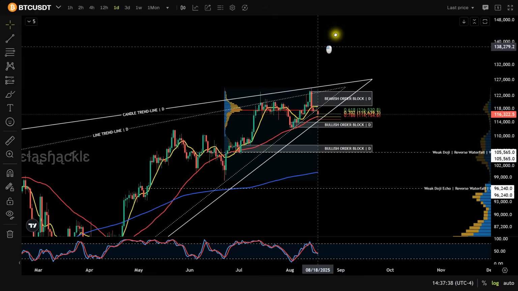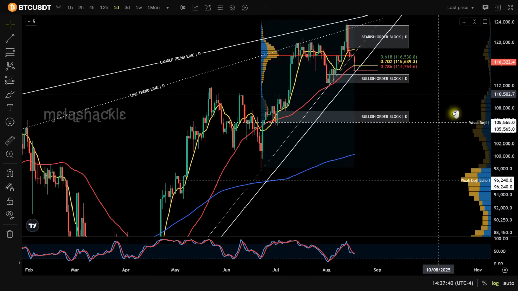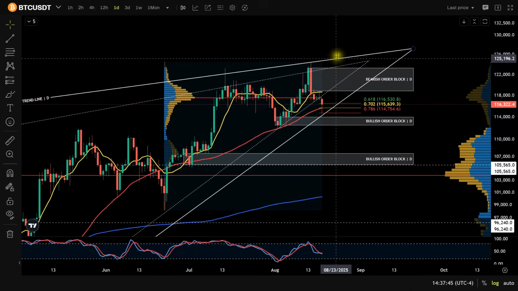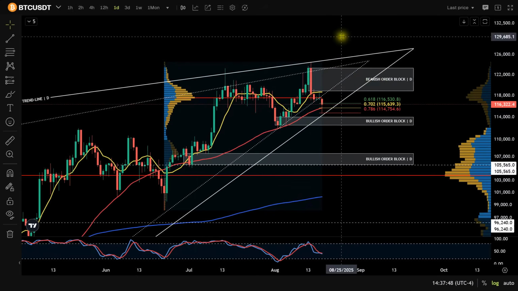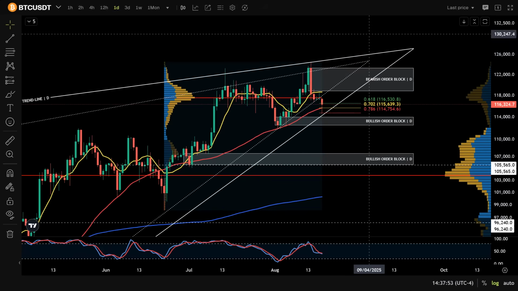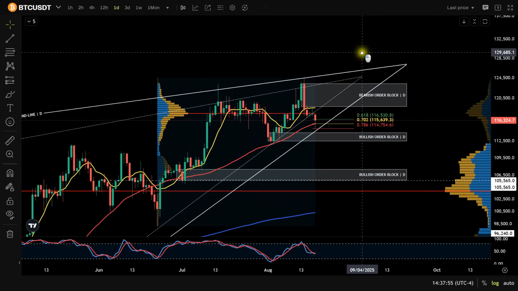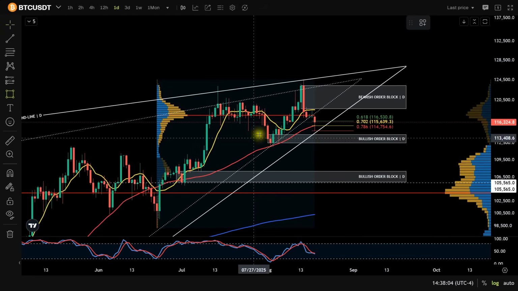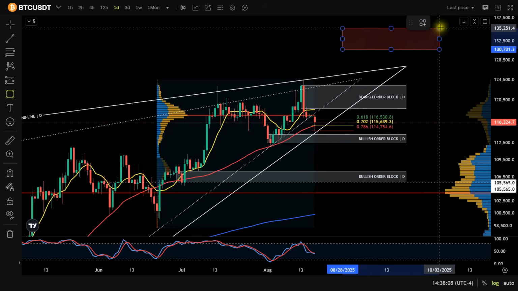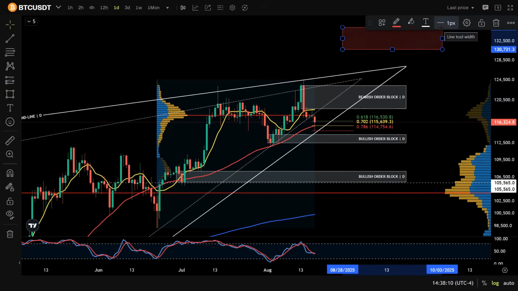whether it's resting below current price or whether it's resting above current price. But there is also the possibility we must consider that price could break through this bearish order block, break out of this ascending wedge pattern, retest this upper trend line, and even potentially move to higher levels, because I do think it is very possible that we could go somewhere in the range of about that 130,000 to about 135,000.